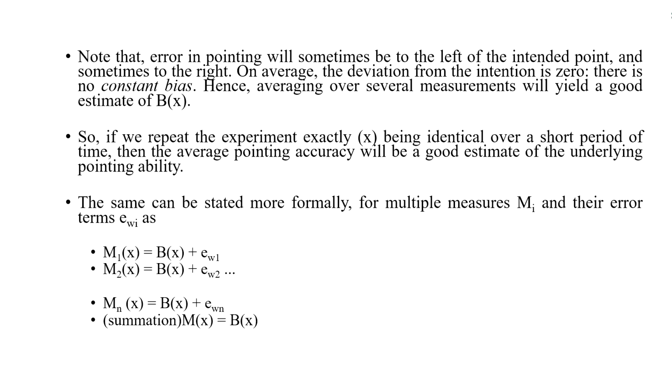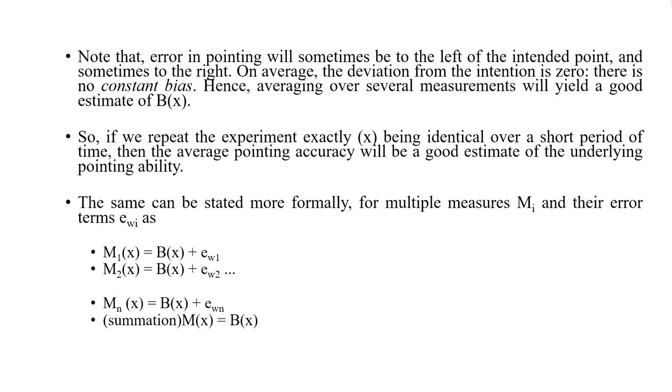If there is no constant pattern in this error, that constantly it is offset by 10 millimeters to the left, there is nothing to worry about. It will probably average out over a number of trials. So, averaging over several measurements will typically give us a decent estimate of what B of x is all about.